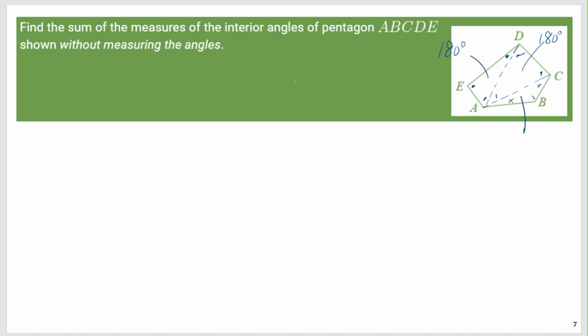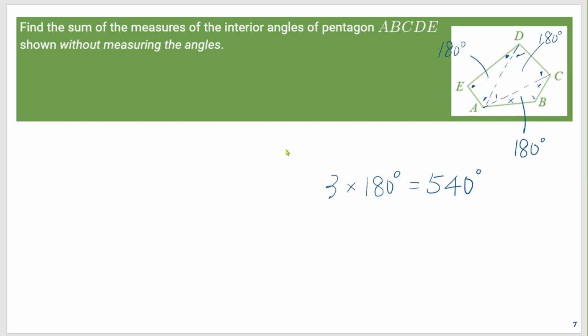And the sum of these interior angles is also 180 degrees. This is what we have known for triangles, right? Therefore, the sum of the interior angles in a pentagon is 3 times 180 degrees, which is 540 degrees, right? You get that?